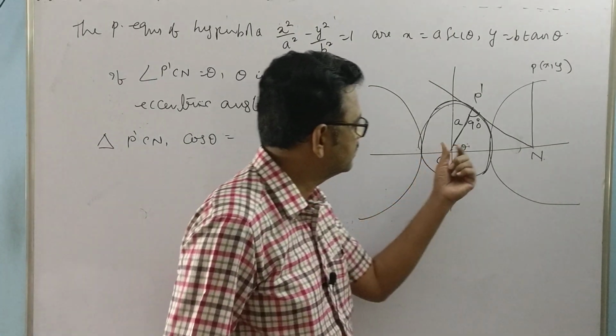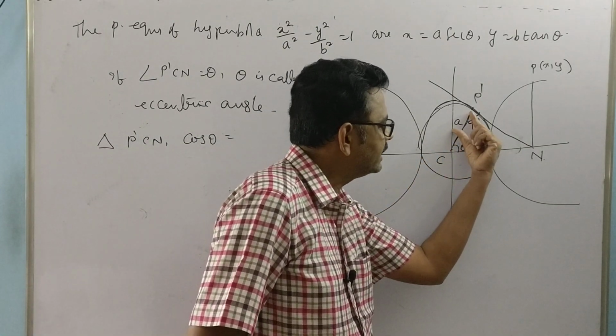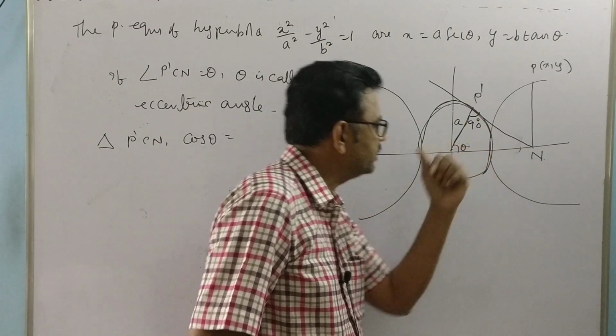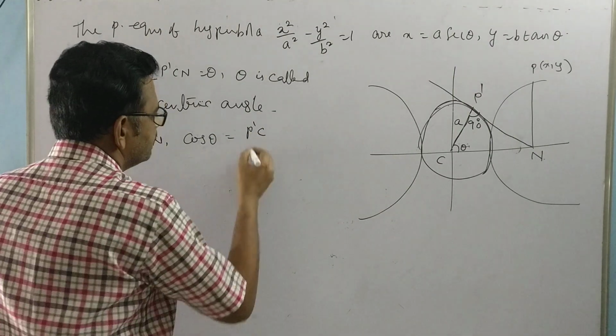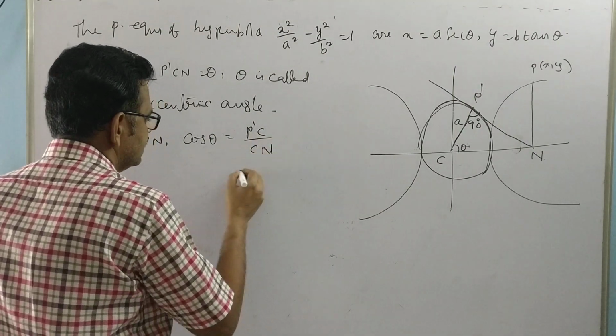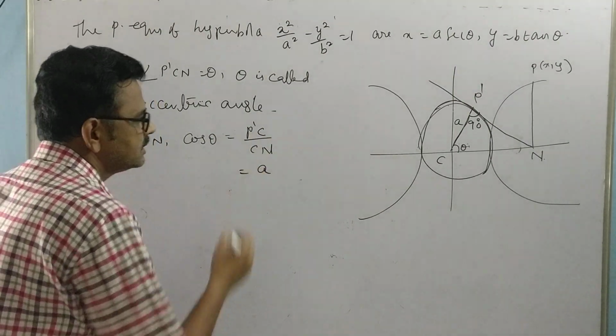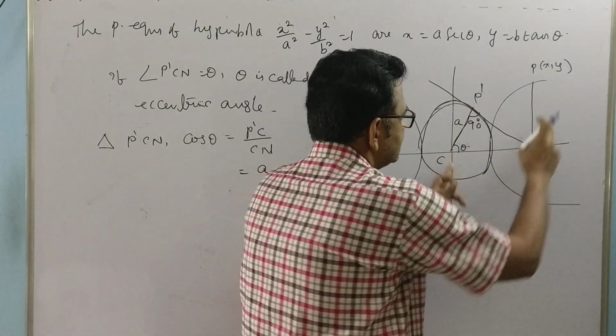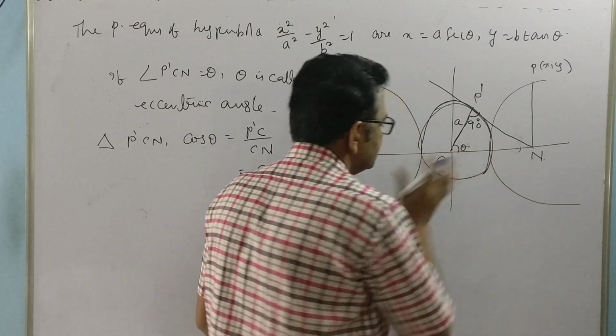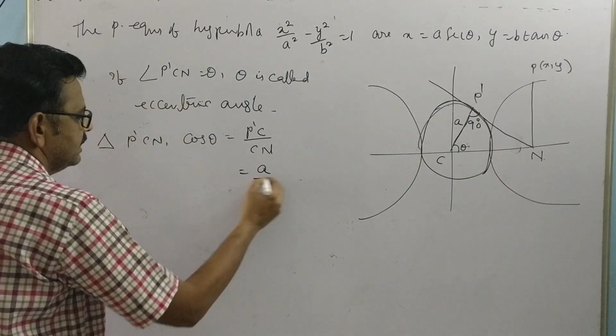Cos theta equals adjacent side over hypotenuse. So this is C N by C P dash, where the radius of the auxiliary circle is a, and CN is x.